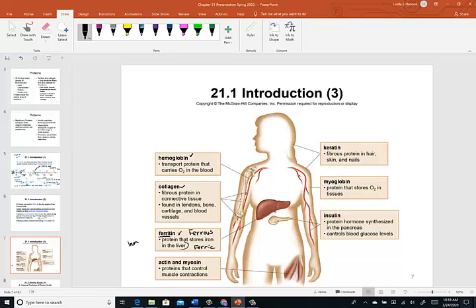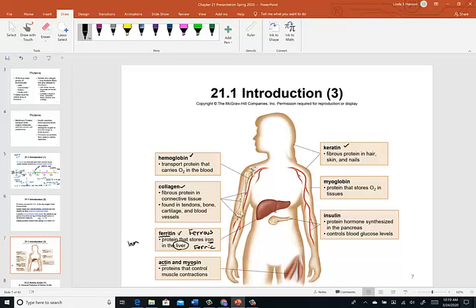Oftentimes people will eat liver, and I am not a fan of eating liver, but some people do. When you eat liver, it's very rich in iron. That's because iron is stored in our liver in a protein called ferritin. Two molecules you might have heard of in anatomy and physiology, actin and myosin. Those two proteins work as a team in controlling muscle contractions.